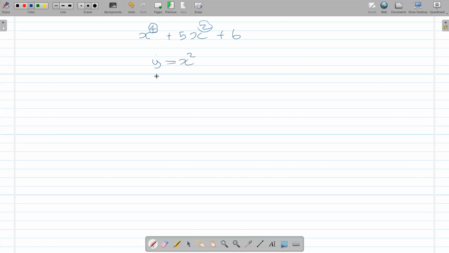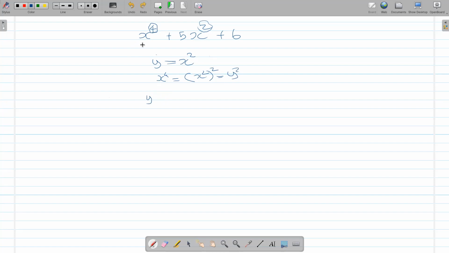Then x to the 4 is equal to what? x squared times x squared, that is y squared. So for this one I plug in y squared.